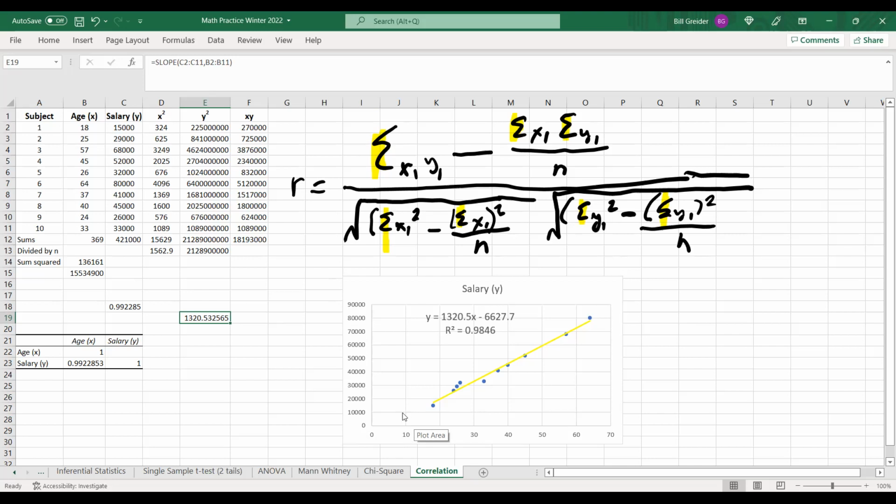So I could also do the y-intercept using the equals INTERCEPT function of Excel, and double click that. My known y's, which is the salary, comma, and my known x's. And what should I get for an answer?